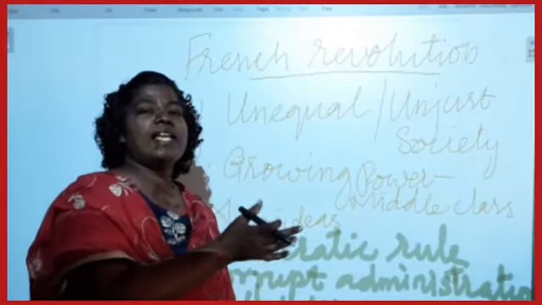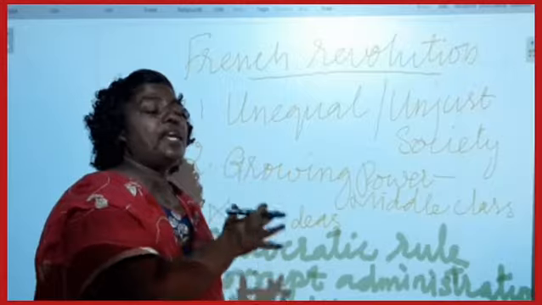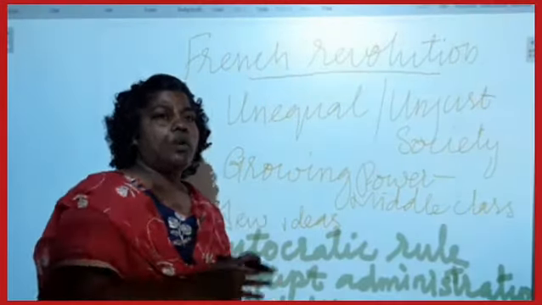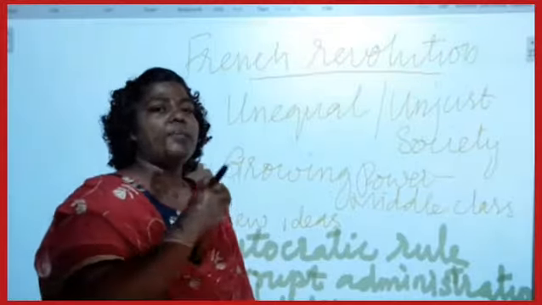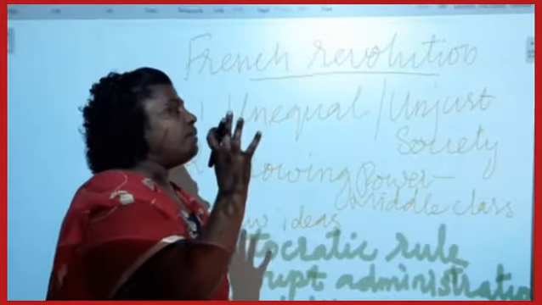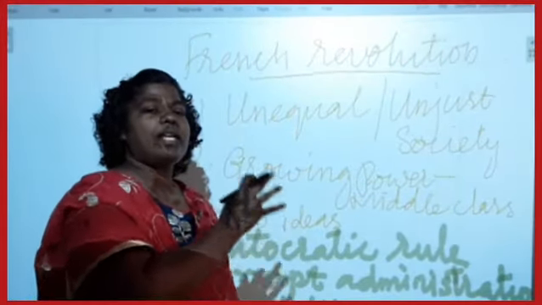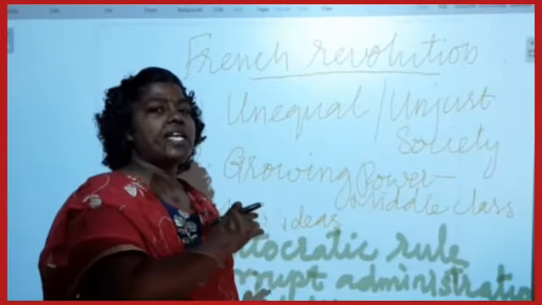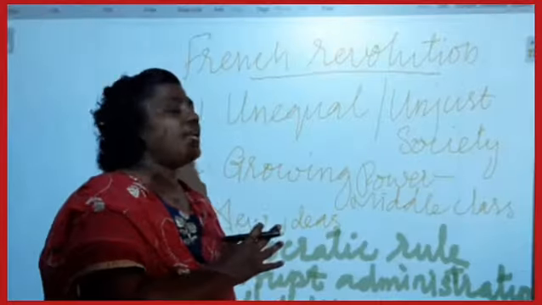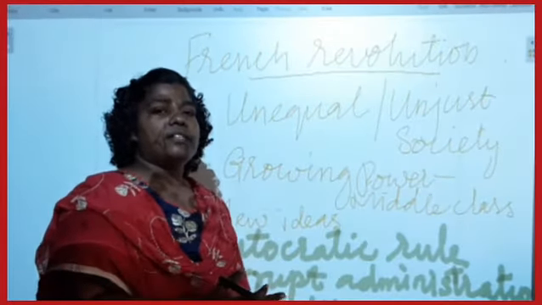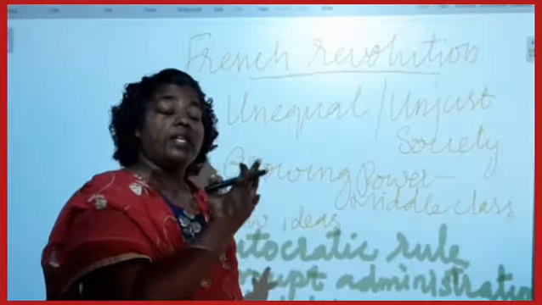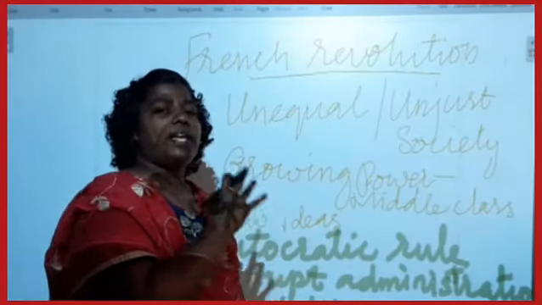The first and second estates enjoyed all the privileges in the government or in the country. All the privileges were given to the priests and the nobles. They had no tax, they need not pay any taxes.